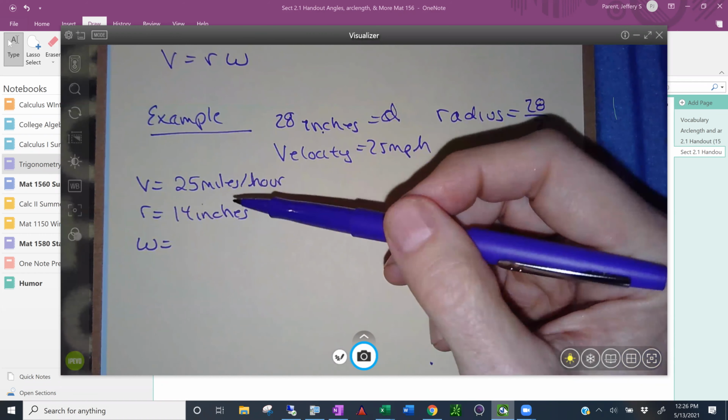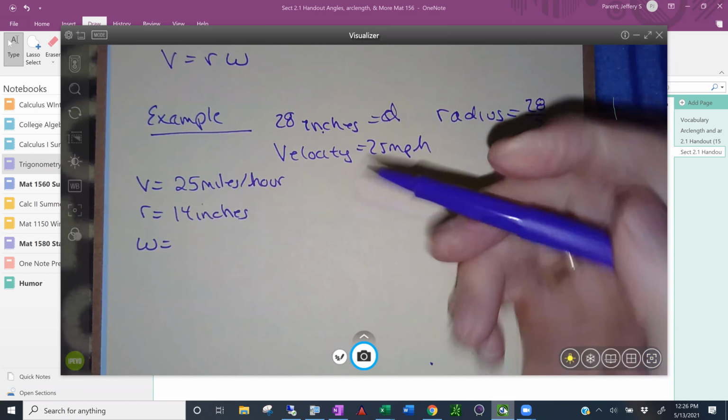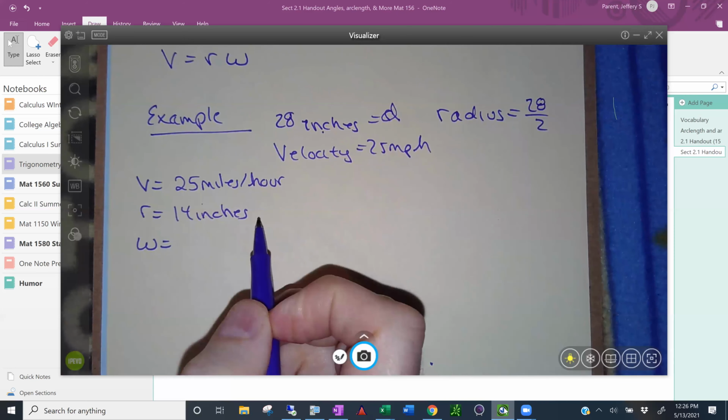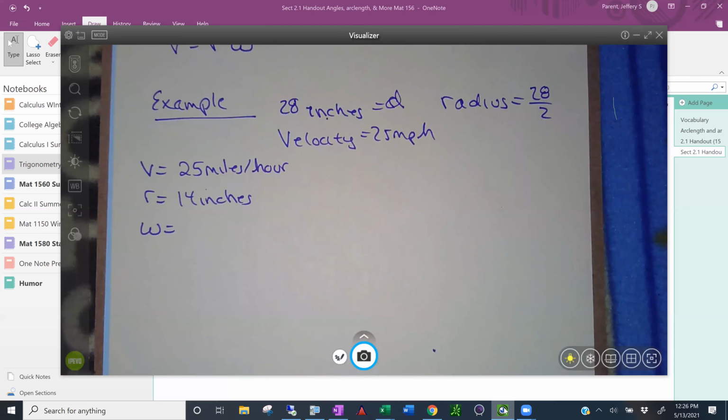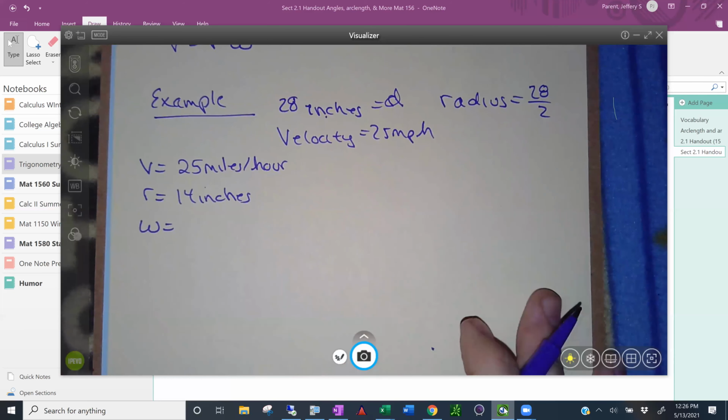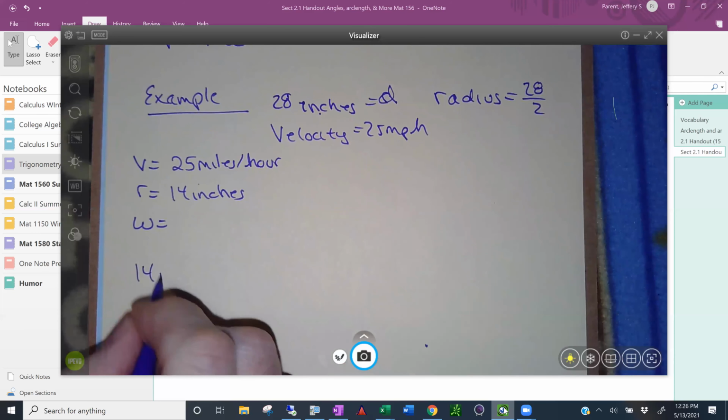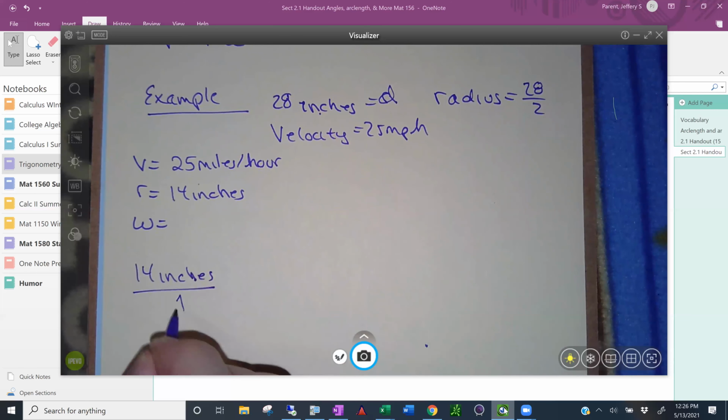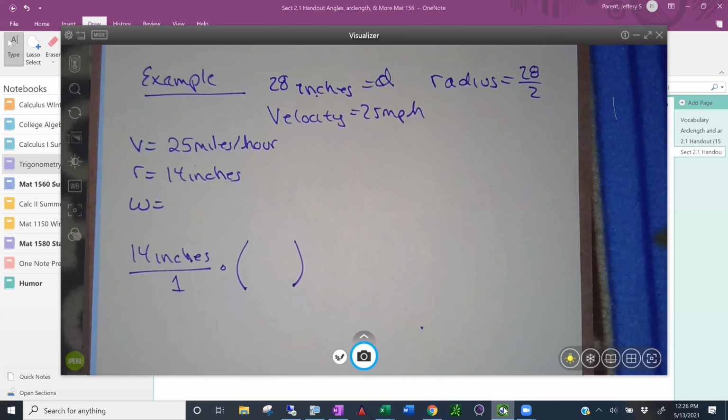It doesn't matter which one you choose, but you're going to have to convert one unit to the other. So I'm going to choose to convert inches to miles. And it's going to be a result of multiplying by 1 like we did earlier. 14 inches times some form of 1. Well, let's convert inches to feet first.